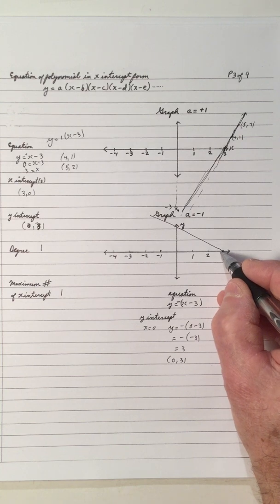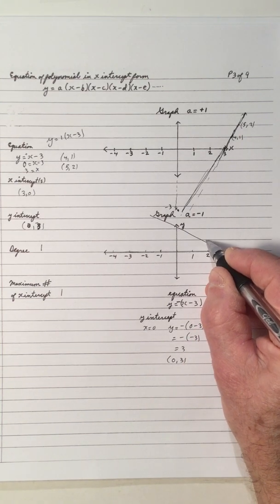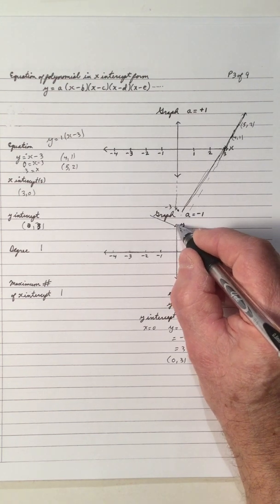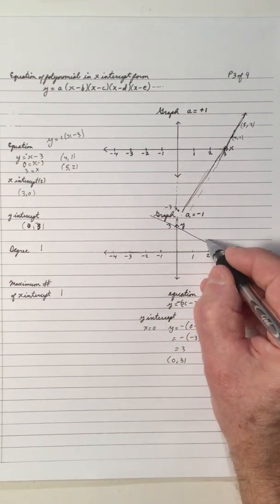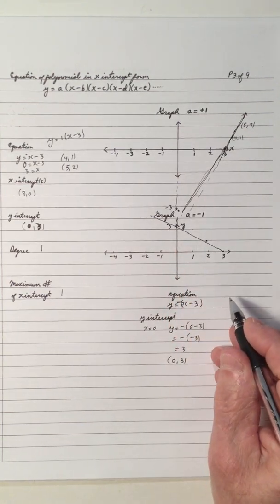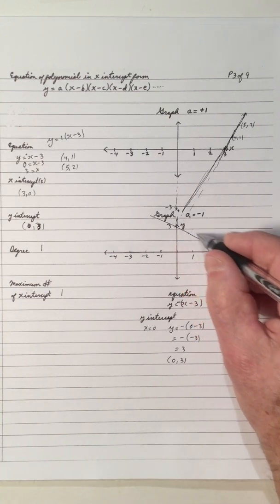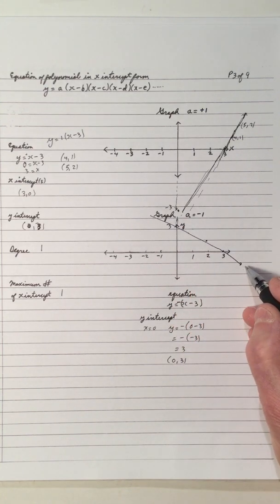So it's going up 1 to the right 1, up 1 to the right 1, and again, not exactly right, but that's supposed to be a 3 there. And notice this time it's going down, because it's negative, the slope is going down to the right.